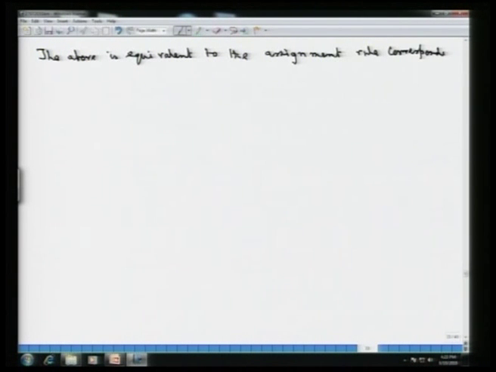So, we make a note that the assignment rule based on the Fischer linear discriminant function, or FLDF in our earlier abbreviated form, is equivalent to this rule.